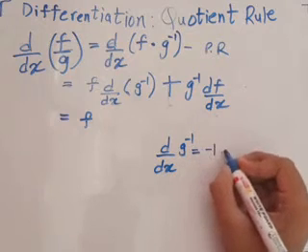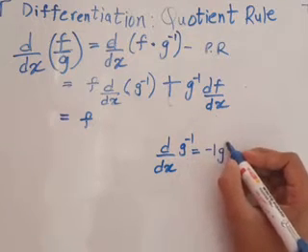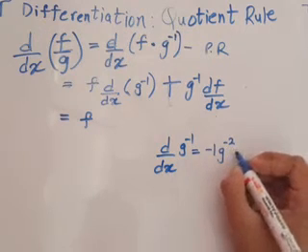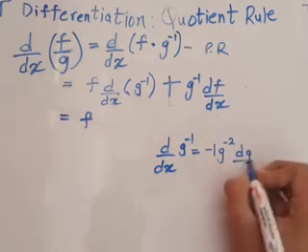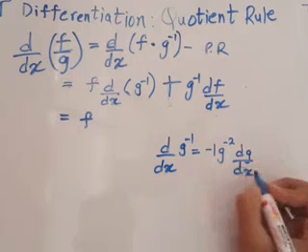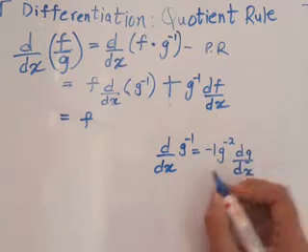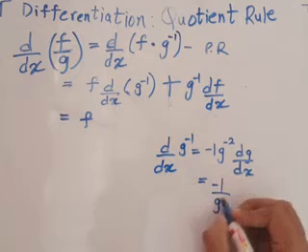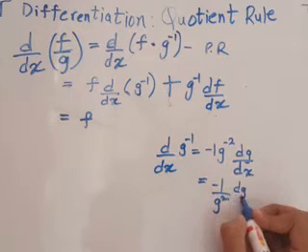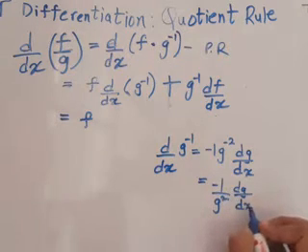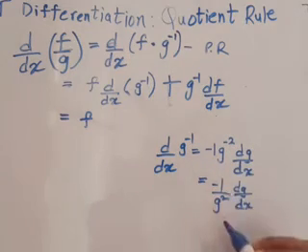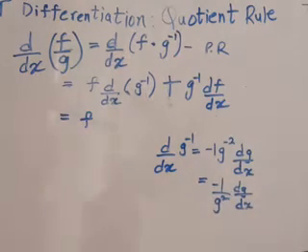So we have minus 1 times g, and then we subtract 1 from minus 1, so that's minus 2, into the derivative of g. So this is the chain rule here. So altogether we have minus 1 upon g square times the derivative of g with respect to x. Okay, and remember that minus 2 just means 1 upon g square.